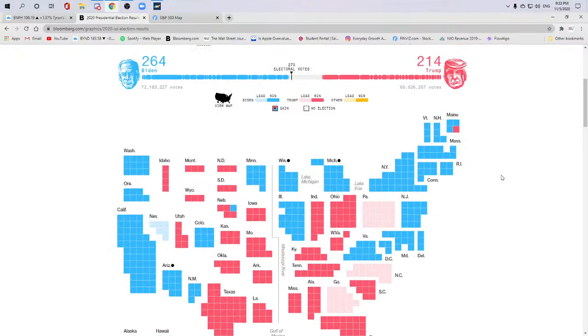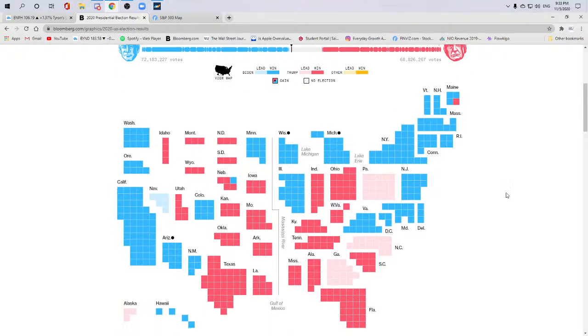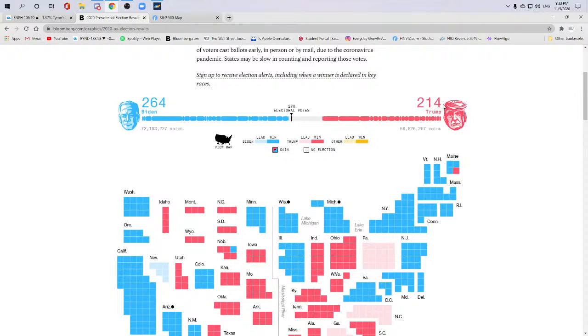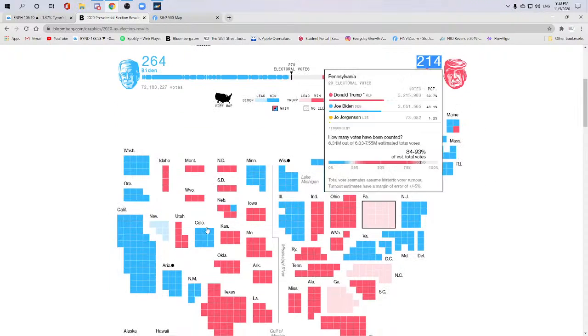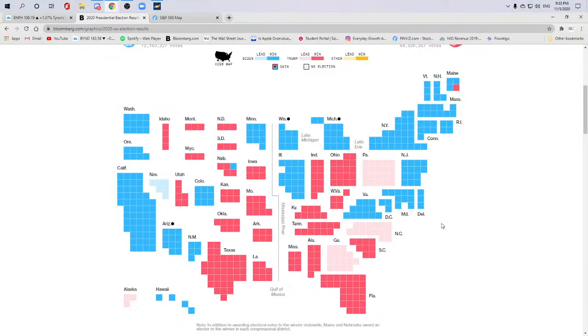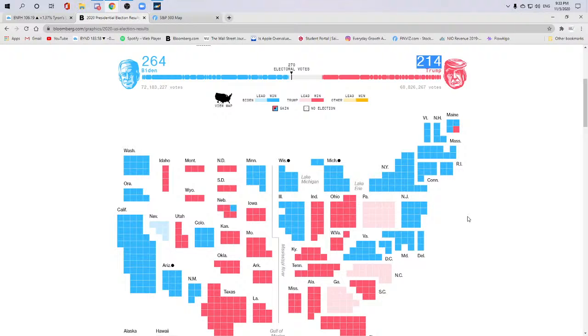So 53, 54, plus 14 is 68. So 268. He'll be 2 electoral votes shy, even if he wins everything over here, right? He needs to get a piece of Nevada as well in order to win. So we'll see how that goes.